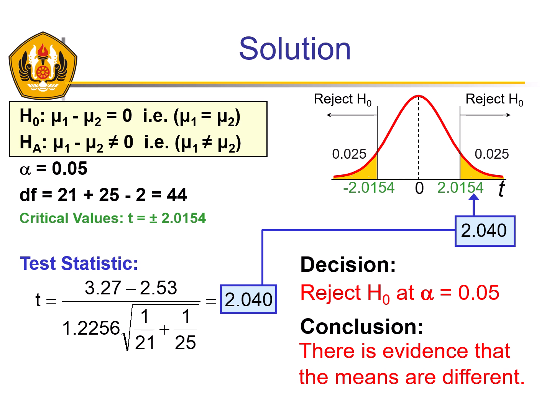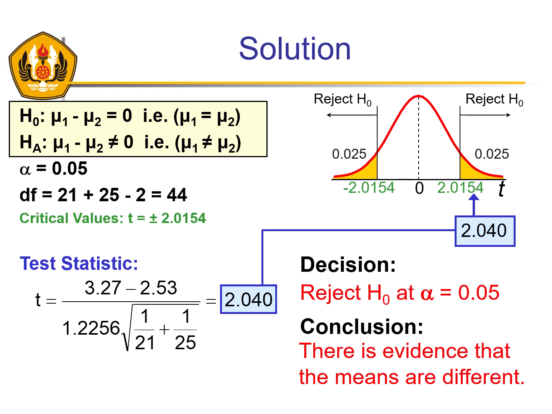In Excel, in any cell, write equals t.inv, open bracket, 1 minus alpha, which is 0.05, divided by 2 because this is a two-tailed test, and then comma with the degrees of freedom of 44 and close bracket.